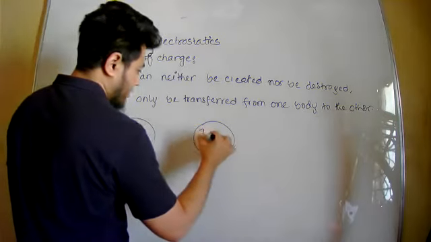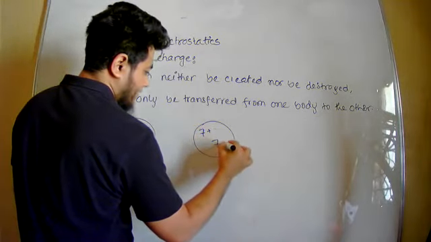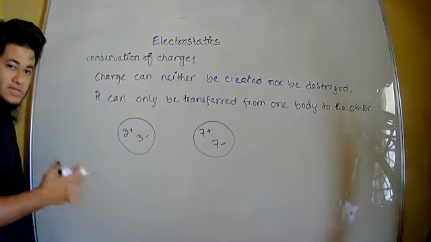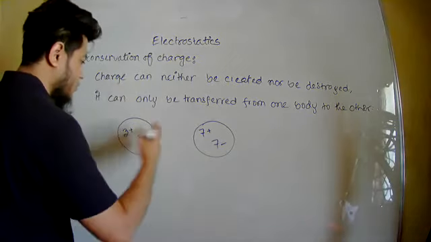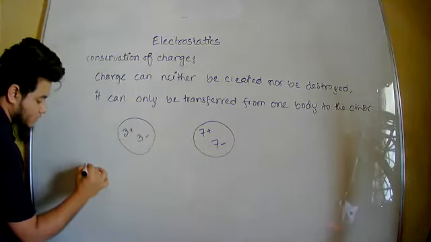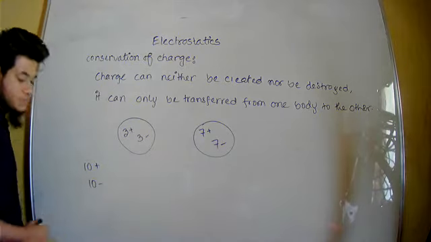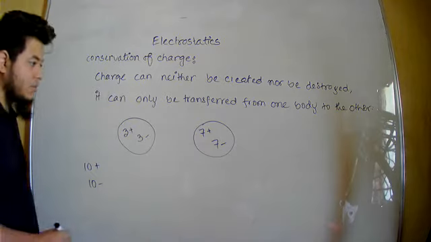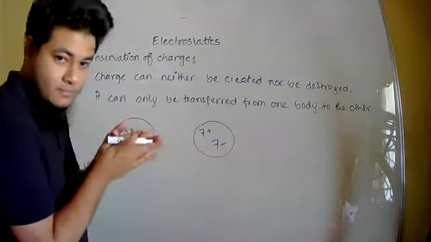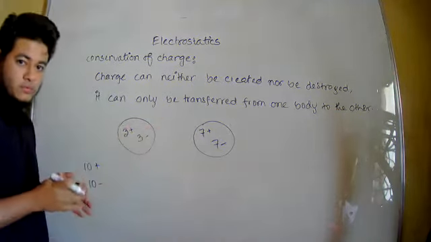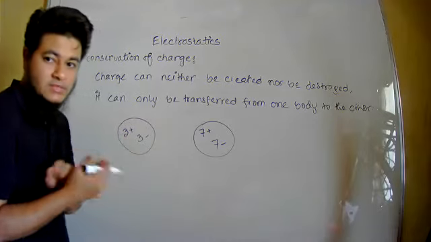Another body has 7 protons and 7 electrons. Okay, this is the initial condition. So how many protons are there altogether? 10 protons and 10 electrons, right? Now let us say we make them come into contact with each other and we rub against one another.